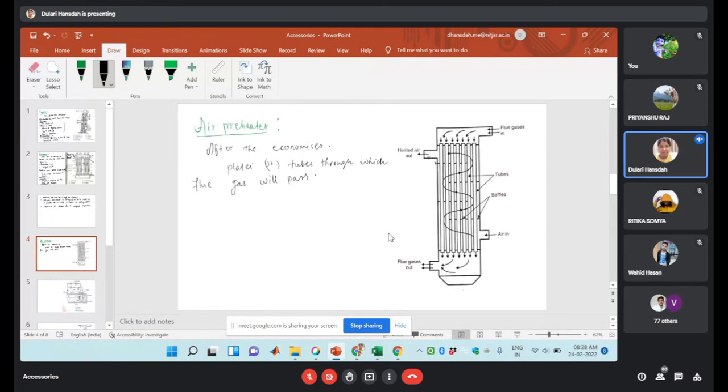The degree of preheating will depend upon the type of fuel used, another is the type of fuel burning equipment, and the third one is the rating.